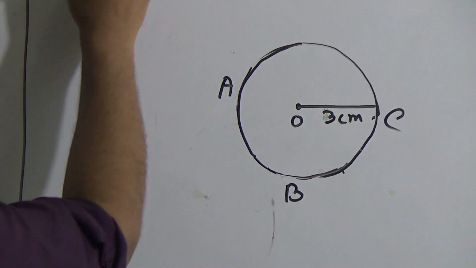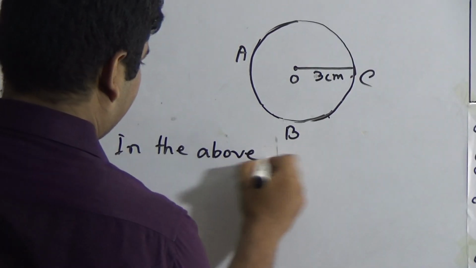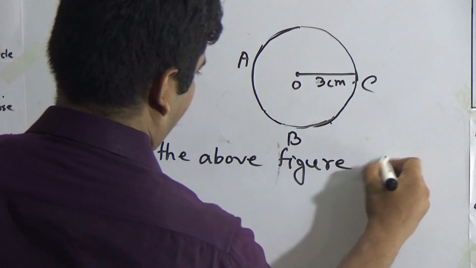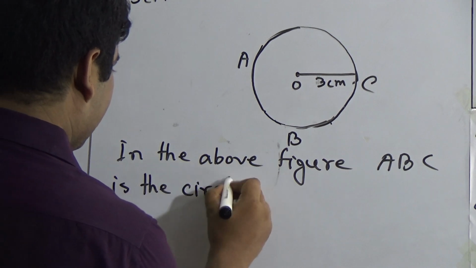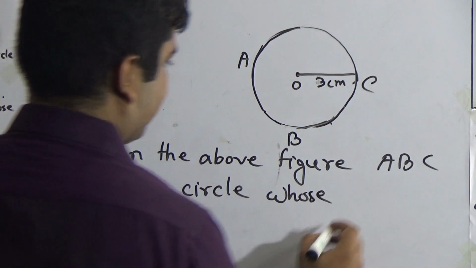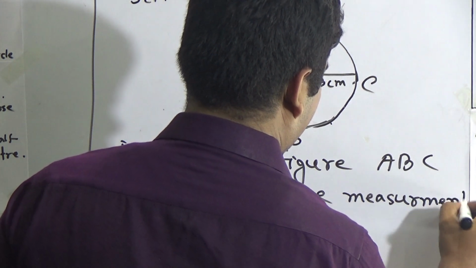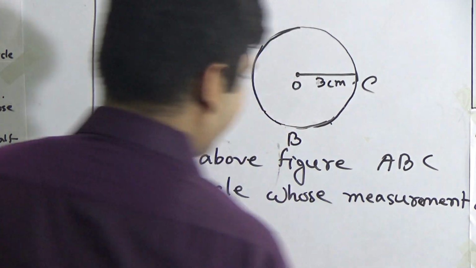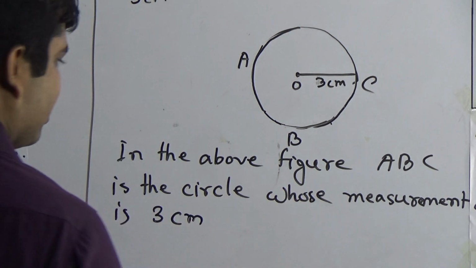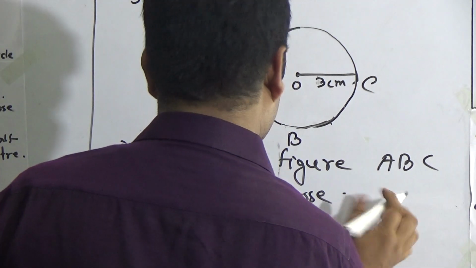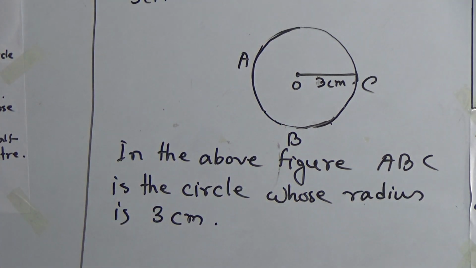So here we write: in the above figure, ABC is the circle whose radius is 3 centimeter. I hope you have understood.